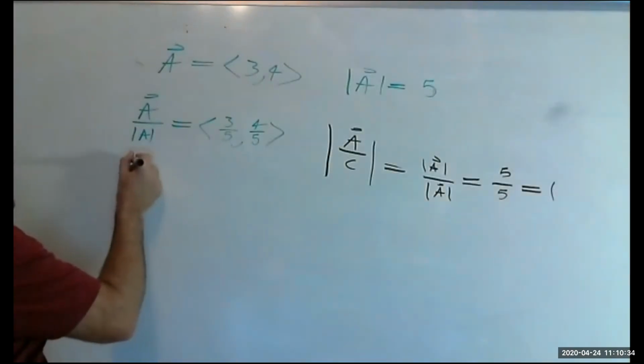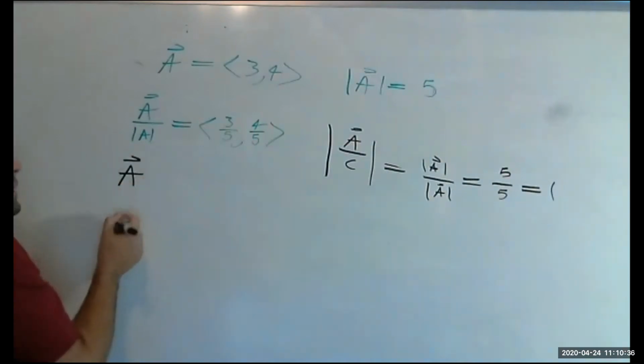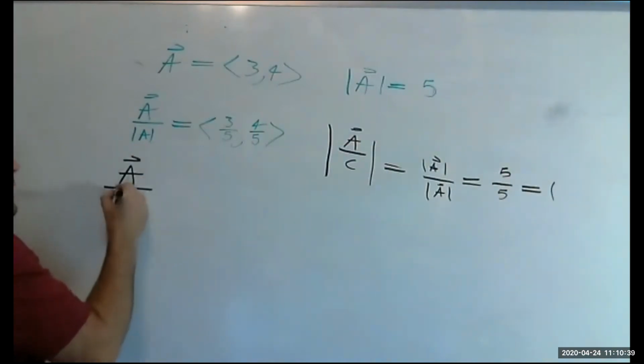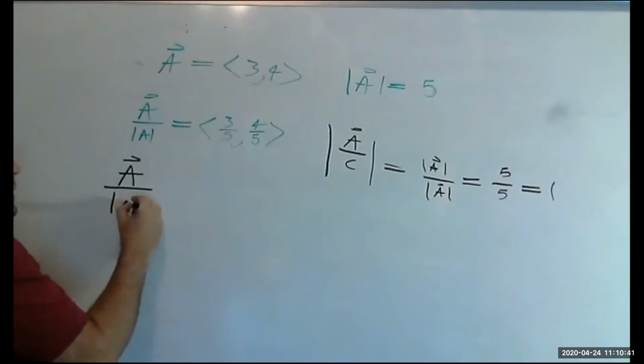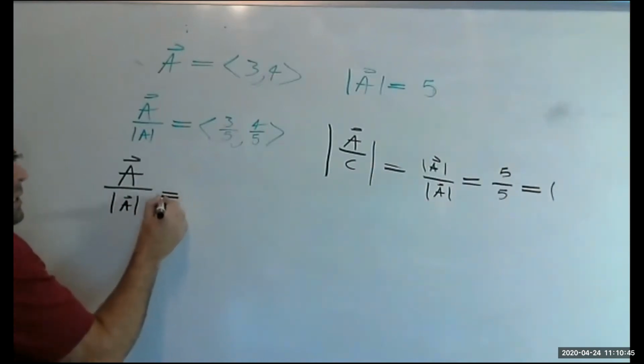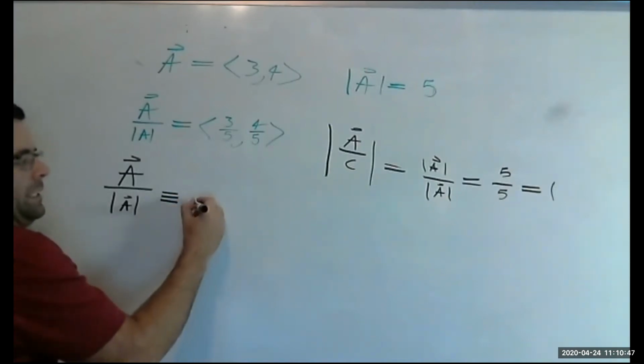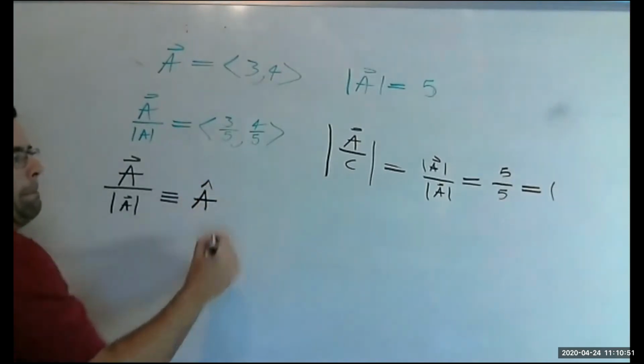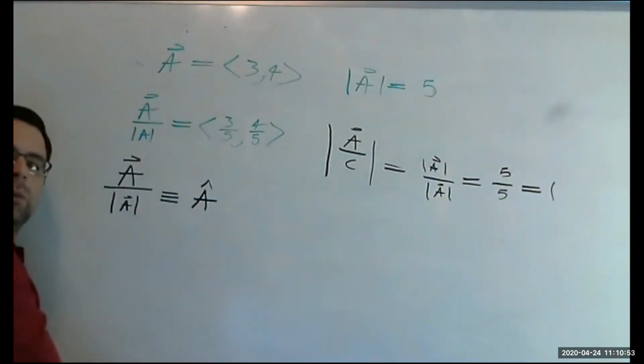A vector divided by its magnitude is defined to be A with a little caret on top.